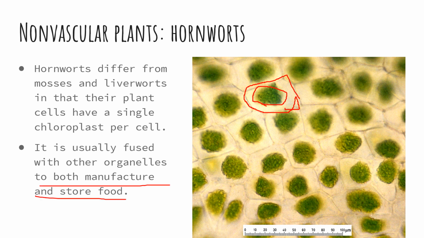So if I'm reading that correctly, these so-called chloroplasts are blended with a bunch of the other organelles, and they do more than just photosynthesis. Whereas in the other plants, chloroplasts are only for photosynthesis, and the other organelles do the other jobs, like the mitochondria with the power and the vacuoles with storage. But in hornworts, it seems to be a little bit different, which is pretty interesting.